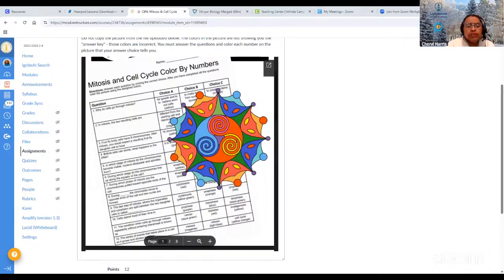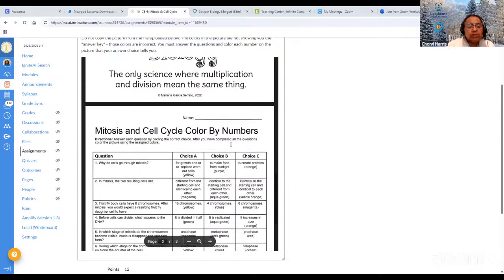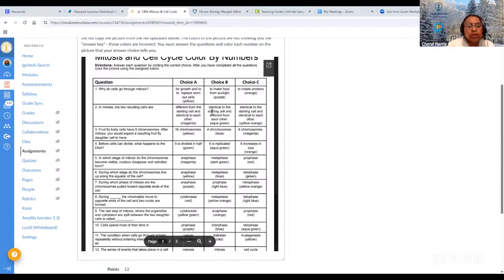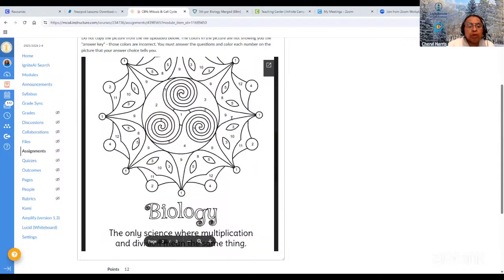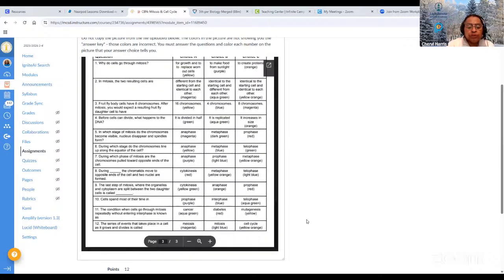When you finish coloring, it should look something similar to this picture. Those are not the correct colors, so don't just color your paper to match that. You're going to fill in the color by numbers based on the correct answer to these questions. When you answer the question, it's going to give you a color. For number 1, if you pick A, then you're going to come up here and color all the number 1s yellow, that kind of thing. Everybody has to do 1 through 12 and submit this page.